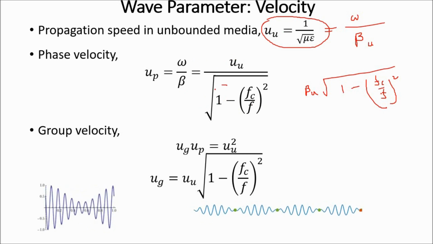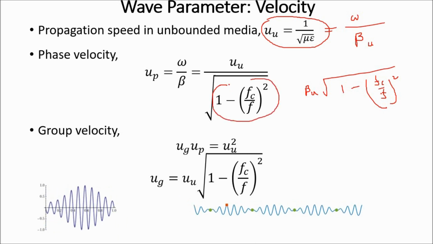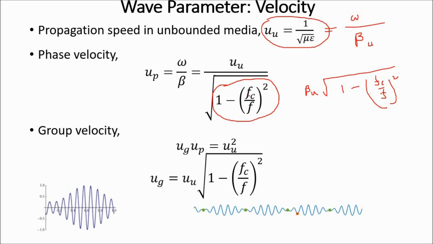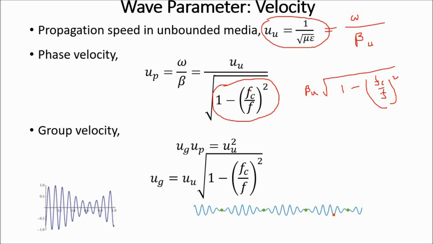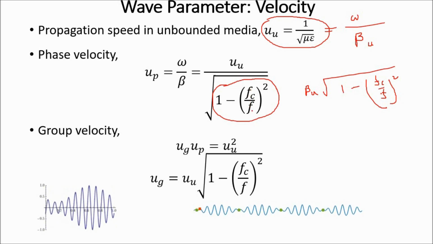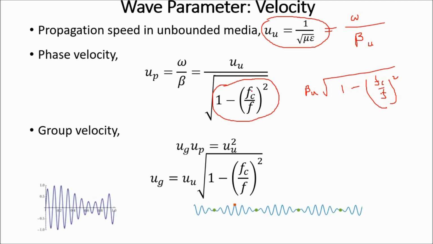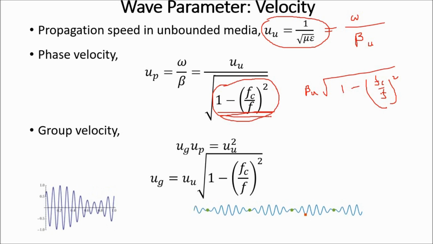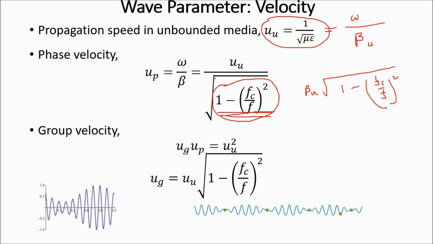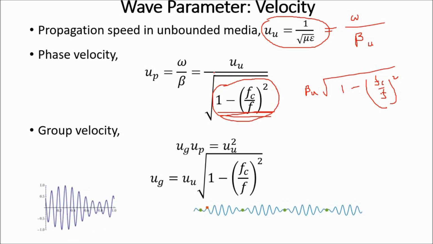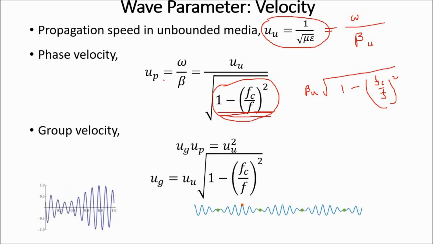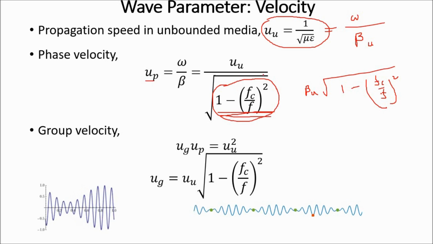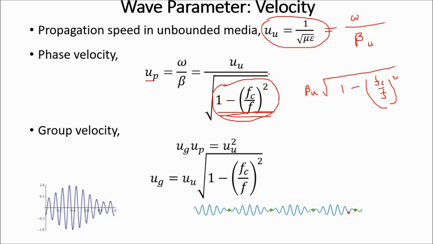So now if you inspect this value here, it has fc and f. f is the operating frequency and fc is the cutoff frequency. f has higher value than fc. So the number here must be less than 1, and the square root of a fractional number will be even smaller. So you will get the phase velocity as u divided by something less than 1.